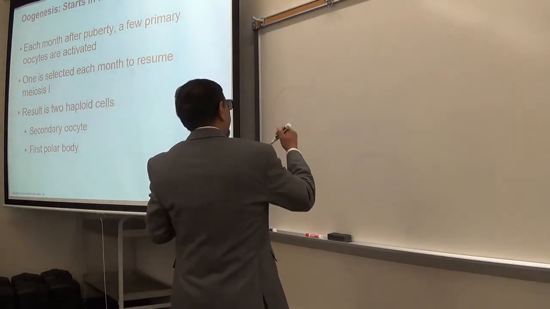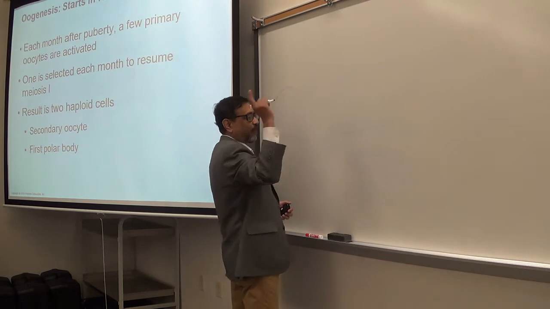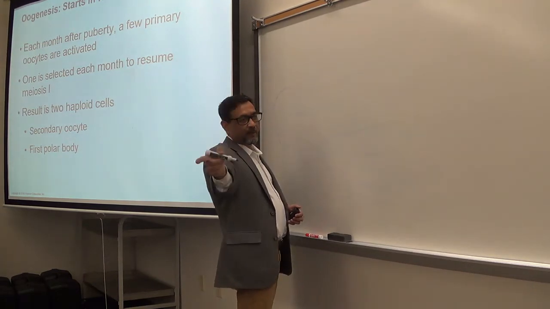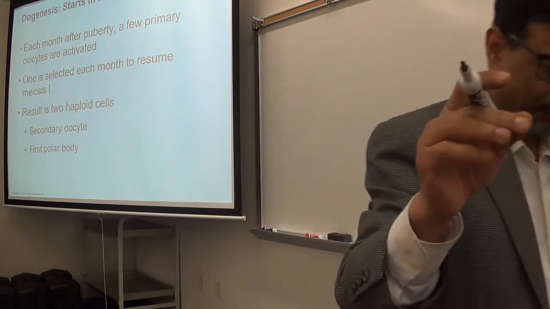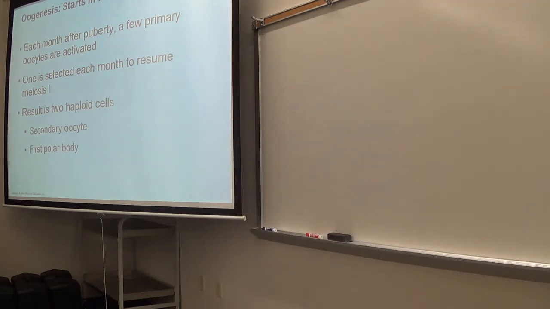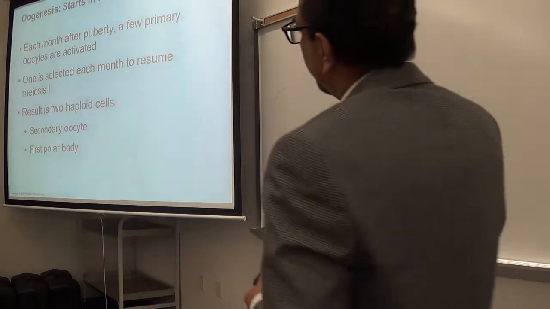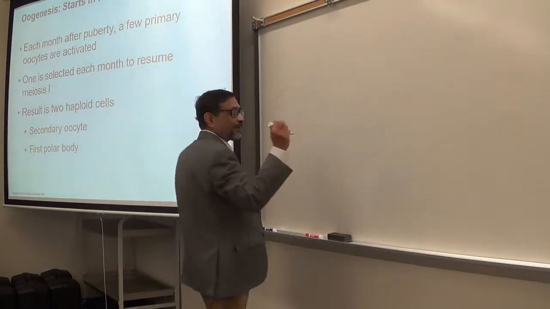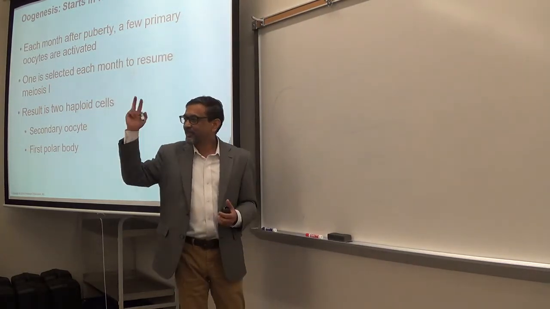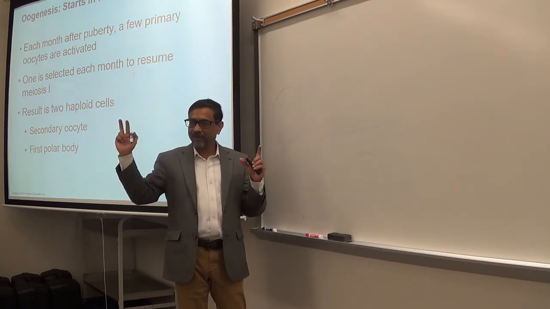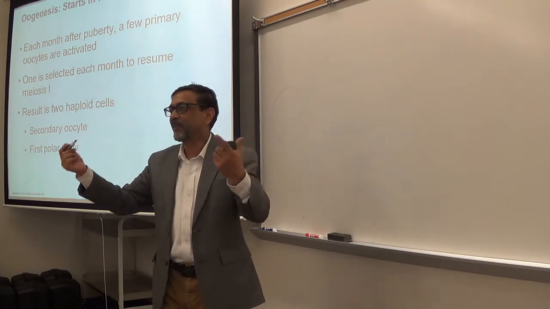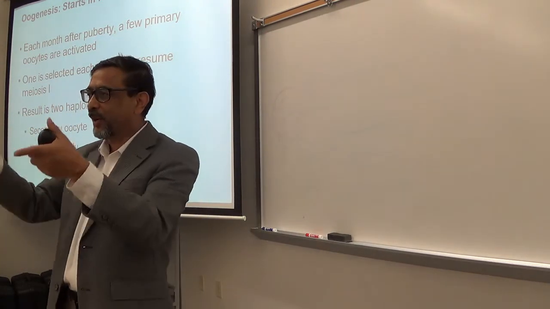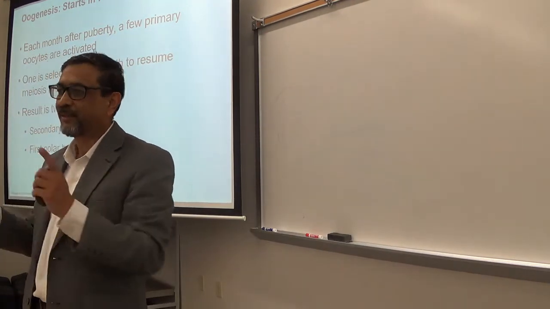You remember, I told you that both in spermatogenesis and oogenesis, both mitosis and meiosis occur. Remember that? First mitosis to increase the number, and then meiosis to reduce the chromosome number to what? Half. Right?